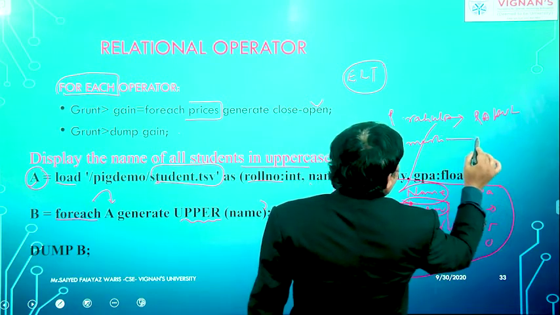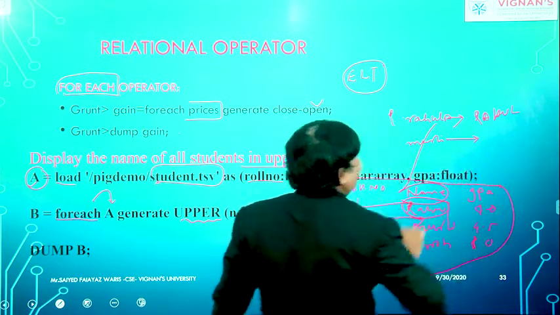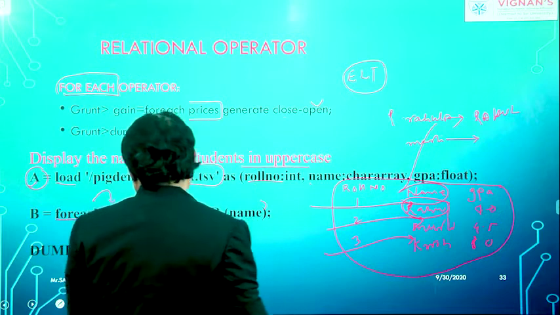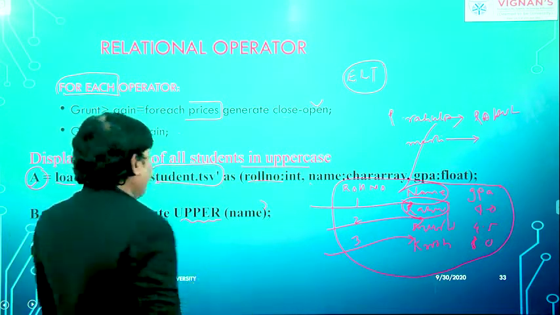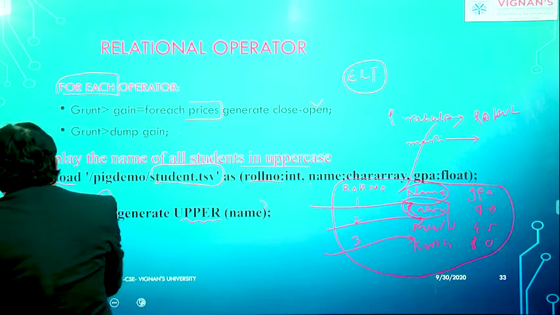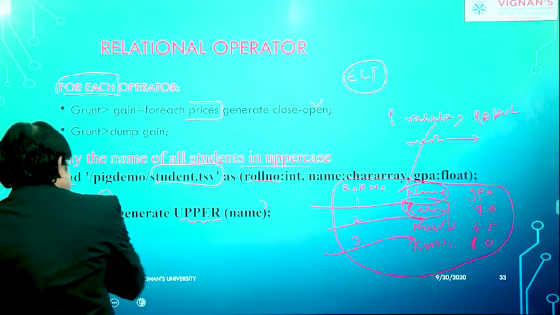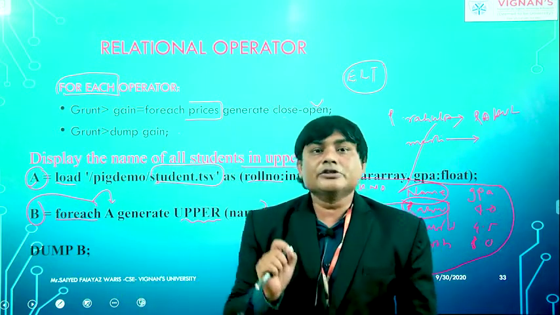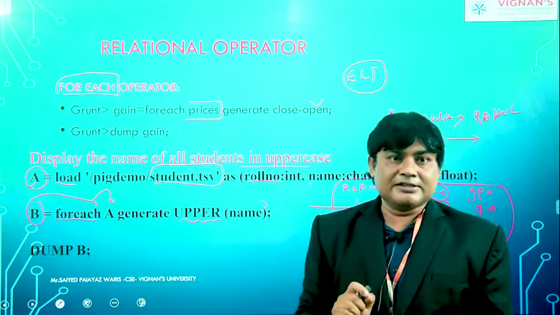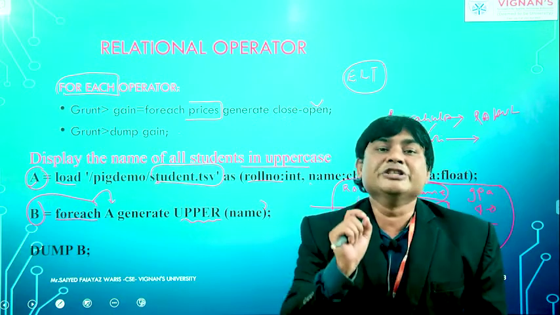It converts into capital letters. This will happen, and the result of this is going to be stored into the B relation. It means that we are storing the result into another relation which is called B.